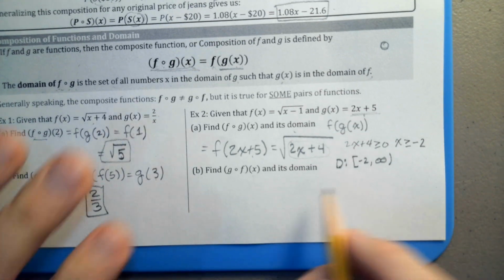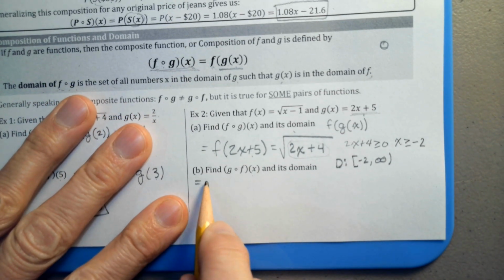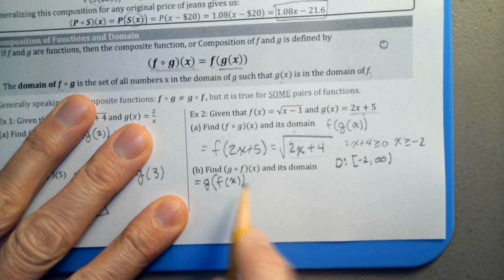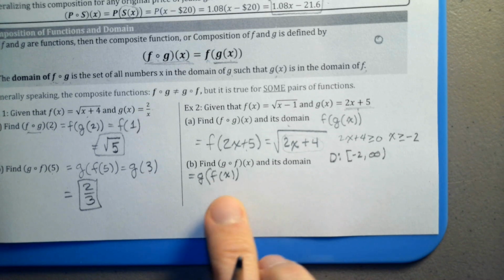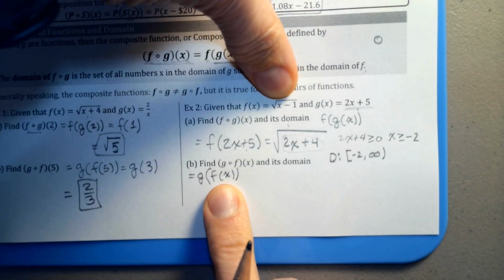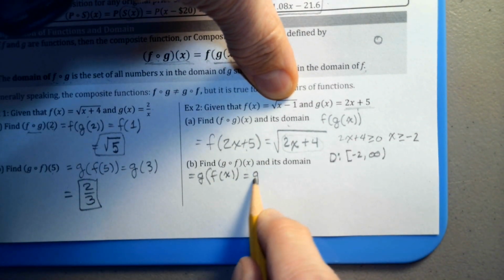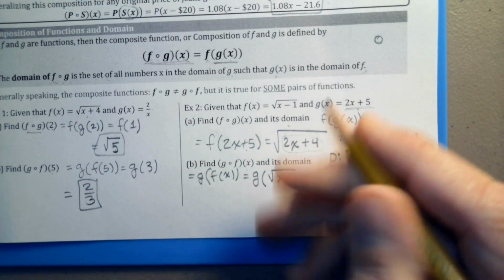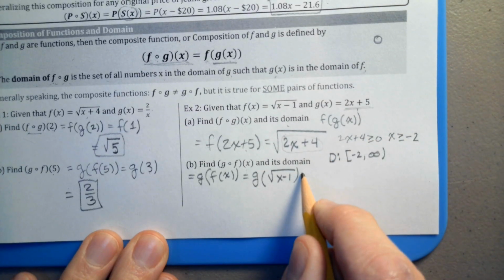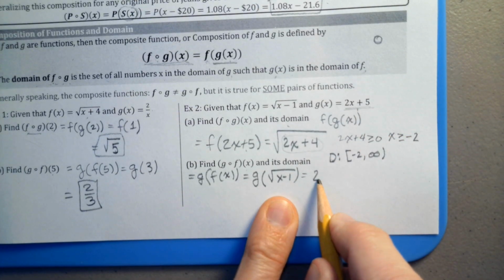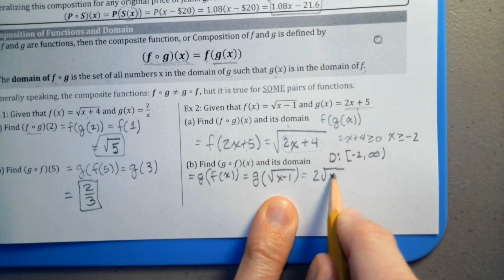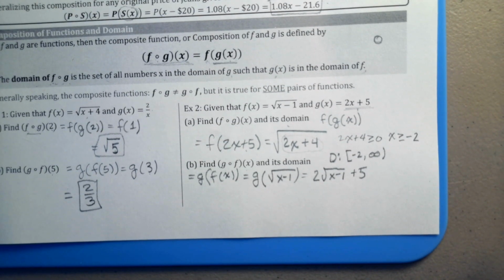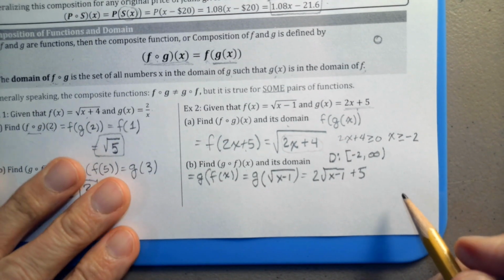All right, this next one could be written as g of f of x. And so first thing we do is we put this function for f of x into g. So g of square root of x minus 1. And now we plug that into this function. So we have 2 square root of x minus 1 plus 5. All right.